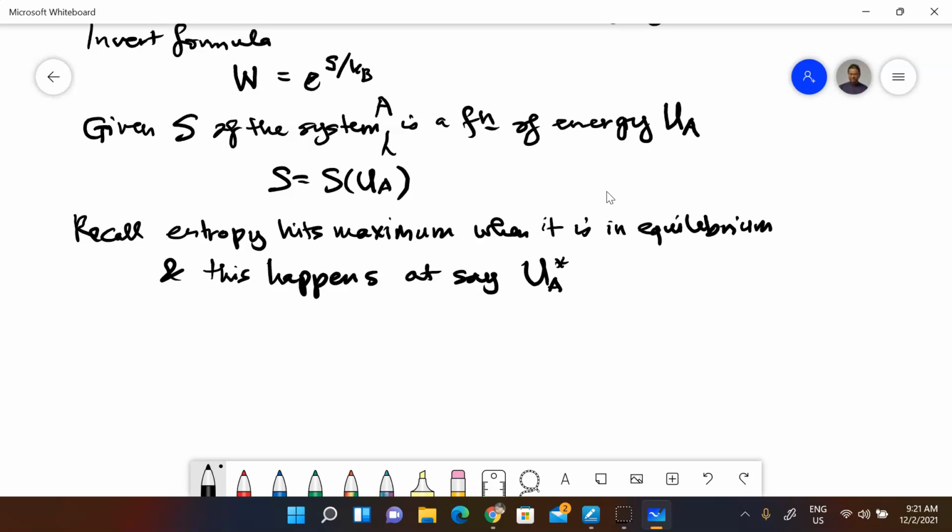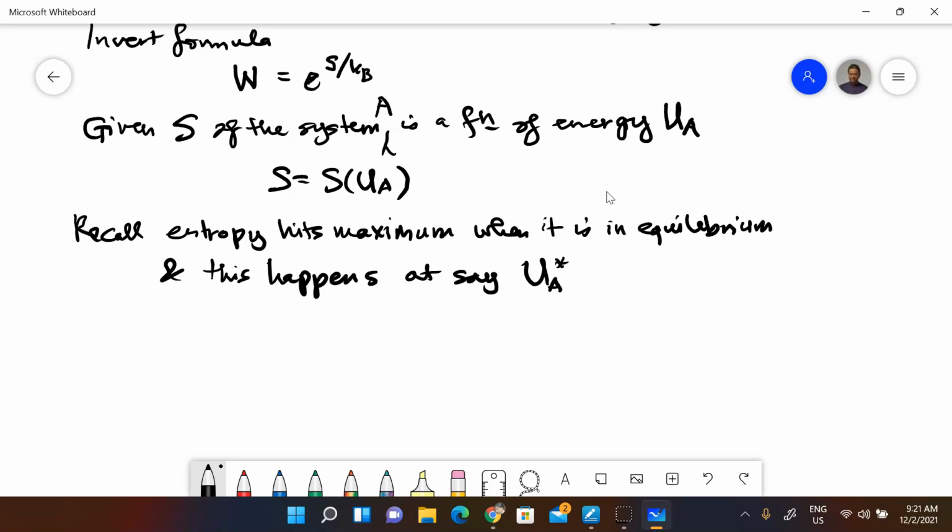Okay, so the thing that hits the maximum is the entropy, not the energy. So energy UA star is essentially the energy for which the entropy is maximum. Okay, so that's all it is.